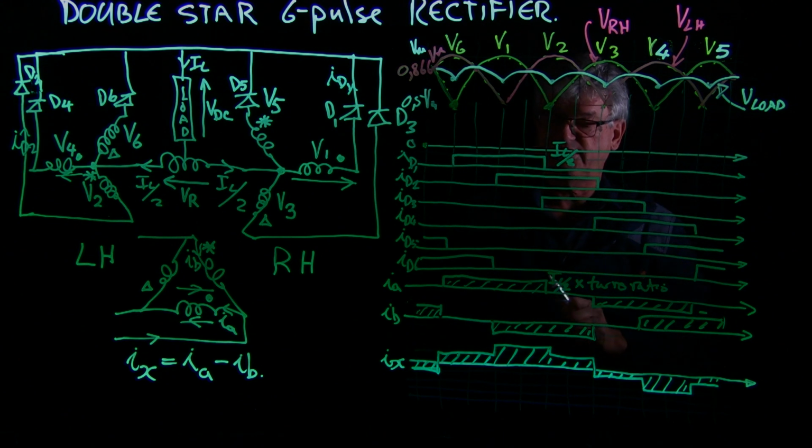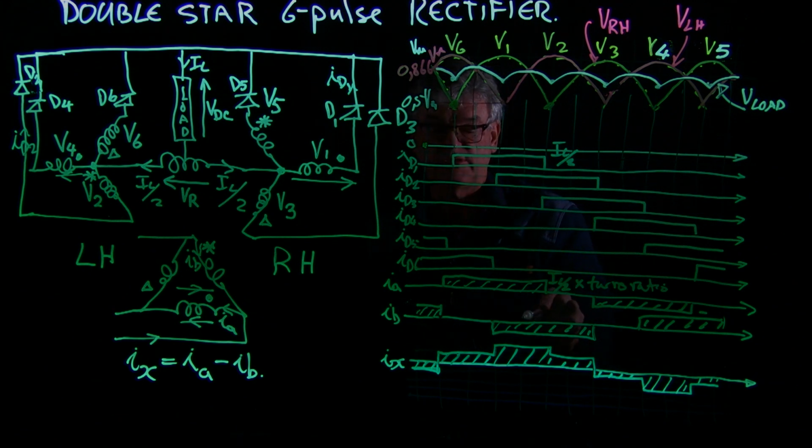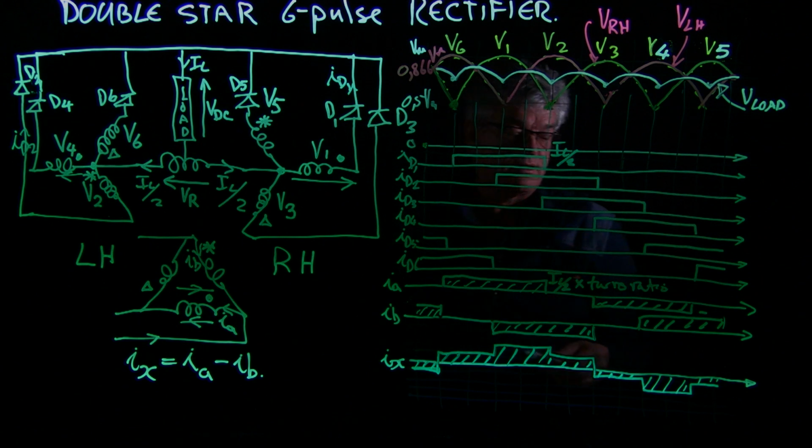And it is interesting to note that subtracting 2 quasi-square waves, 120 degrees phase shifted from each other, will give you a stepped waveform. Thank you.